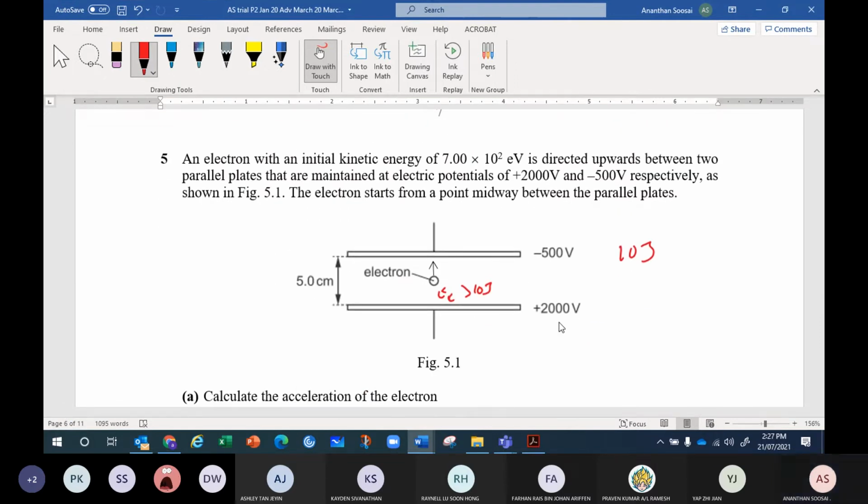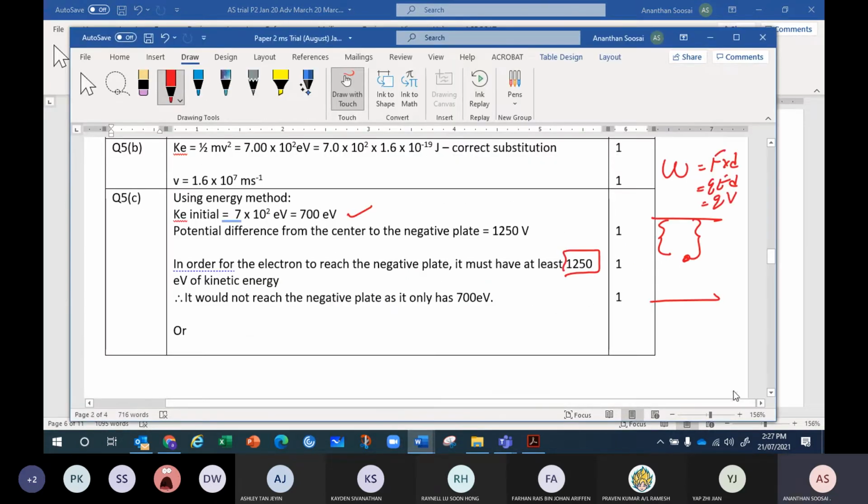2,500. The total potential difference from bottom to top is 2,500 volts. So from the center going up, the potential difference is 1,250, half of the 2,500.